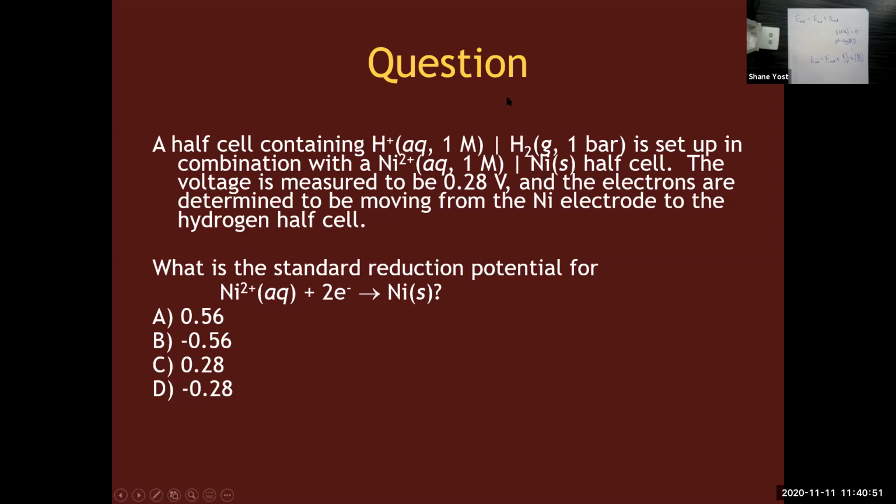Because the reduction reaction is the hydrogen one, which is defined as 0. And so the cell potential for the oxidation of nickel to nickel 2 plus is 0.28 volts, and the reduction of nickel 2 plus to nickel solid is negative 0.28 volts. So D here is going to be minus 0.28. Okay.